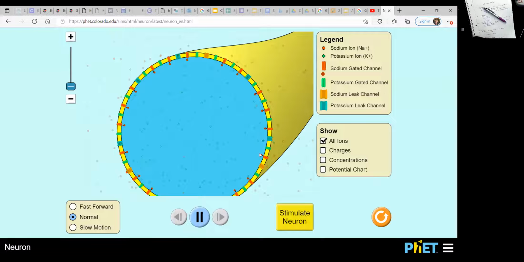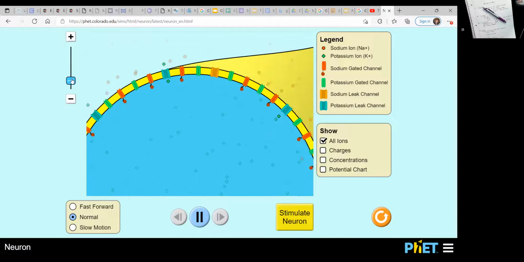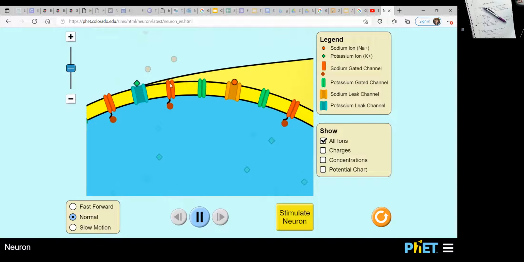With the potential energy within the battery and the way the potassium and sodium ions reach across the membrane or flow across these leak channels, as he was saying, that creates a difference in these charges, the electrochemical charges.